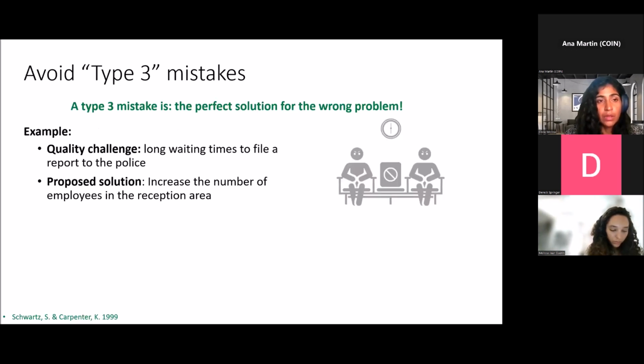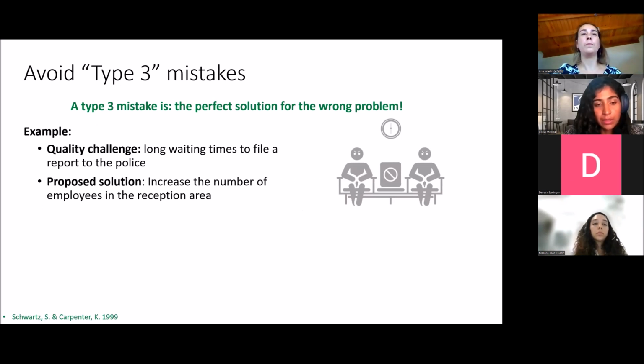Uno de los errores tipo 3, como se le llama, es la solución perfecta al problema identificado. Por aquí tenemos así un ejemplo rápido: tiempo de espera muy largo para realizar una denuncia en la Policía Nacional. La intervención propuesta, lo más rápido es, ok, vamos a incrementar el número de policías en el área de registro de denuncia.